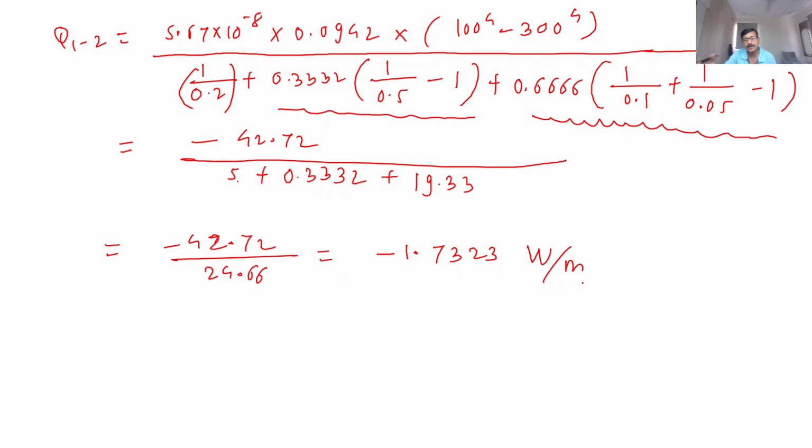If it is per unit area, we write watt per meter square; if it is per unit length, we write watt per meter. So this is your answer, Q1 to 2.